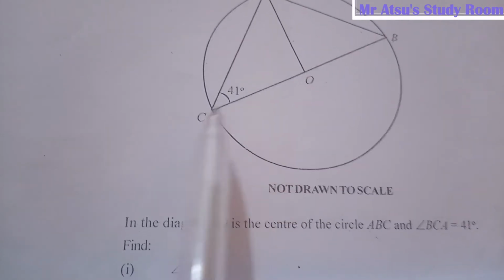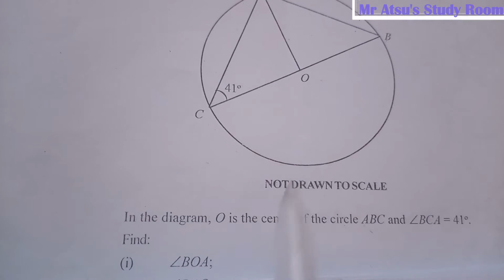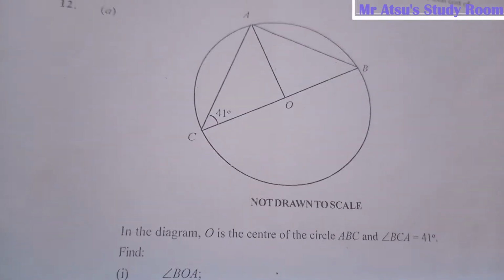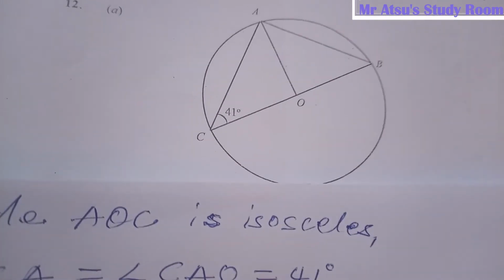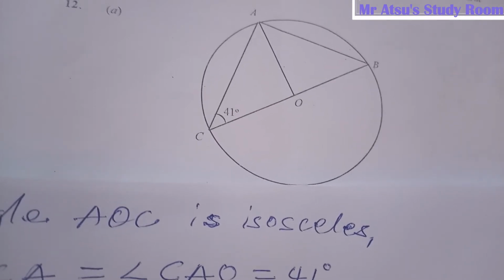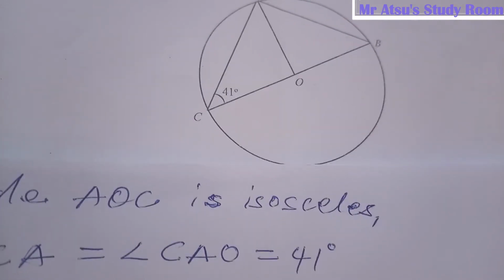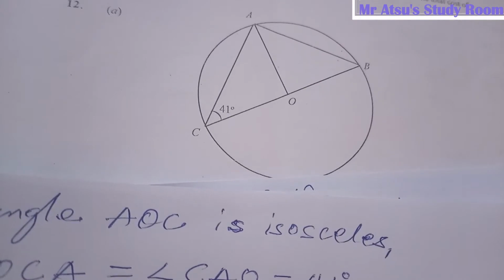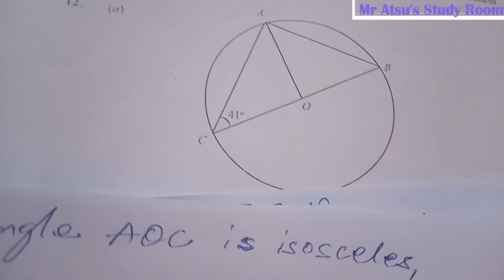But BOA is on the same straight line with AOC. So angles on the straight line. So we are going to write angle AOC plus angle BOA equals 180 degrees.